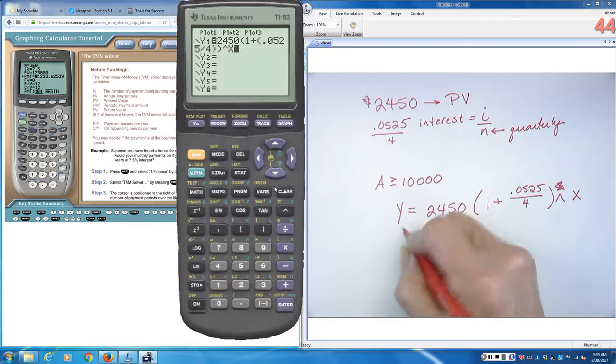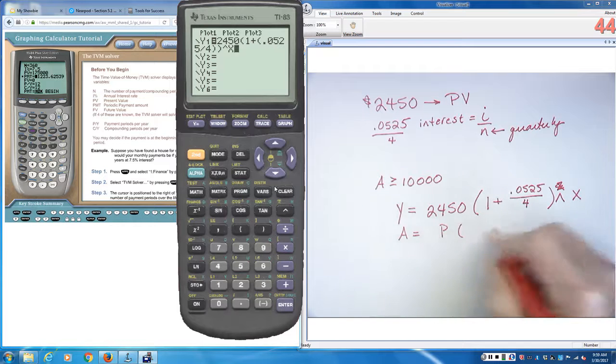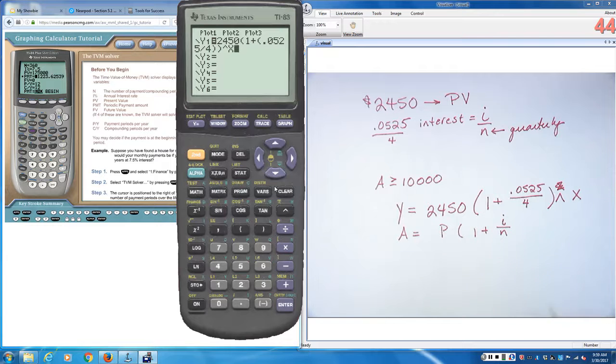So basically future value is equal to the present value times 1 plus the annual interest rate divided by the number of times you compound per year, and what we don't know is the time, so that's going to be our x. The number of compoundings that we need.